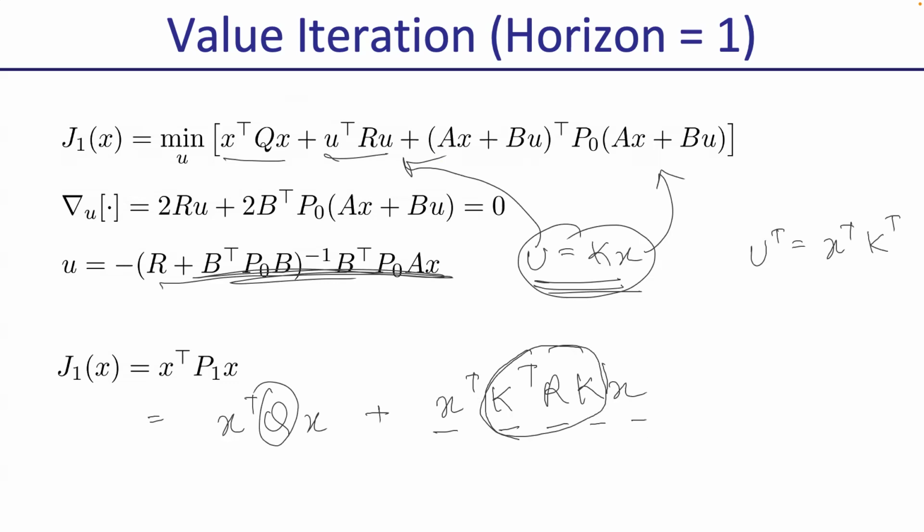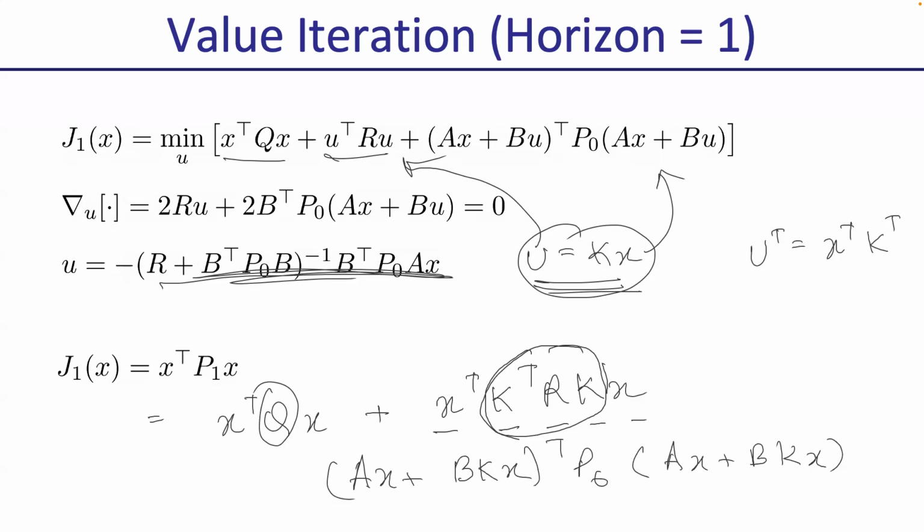And then let's look at the last term. The last term is going to be Ax plus Bu, but Bu is going to be BKx, transpose P naught, Ax plus BKx.